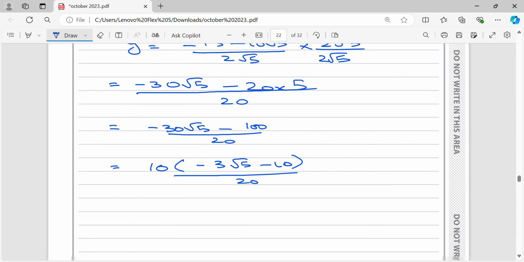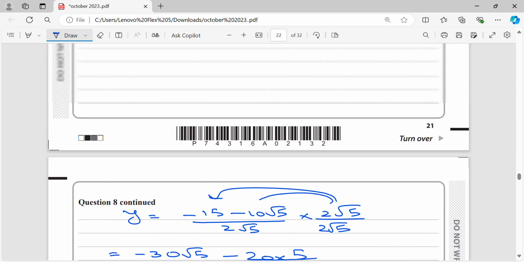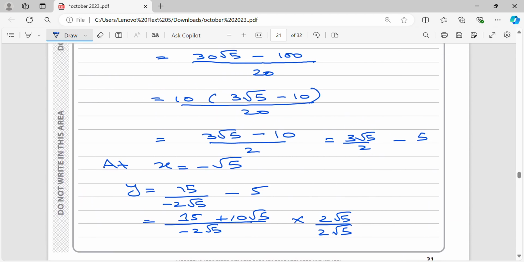Let's simplify it. Minus 3 root 5 over 2 minus 10 divided by 2, and that I can write as minus 5. So this is y. Okay. So I got two values for x. So at root 5, the value of y I got is this one, 3 root 5 over 2 minus 5.